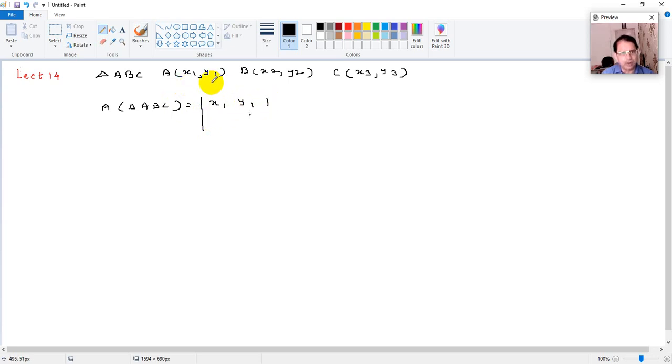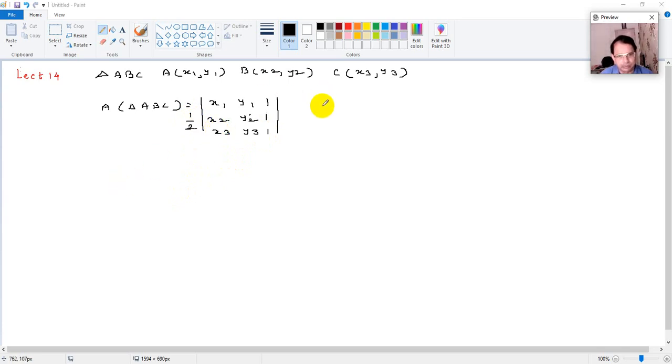That means the coordinates of the first point and then 1 as the third element of the row. We have done one problem about this, but now we will try to prove this result. It is 1/2 into this determinant.